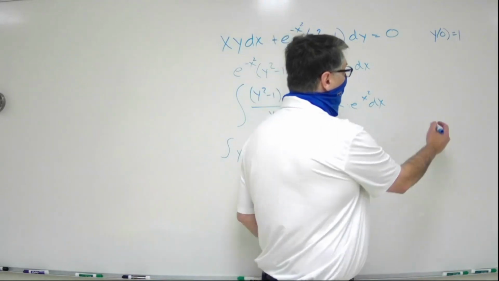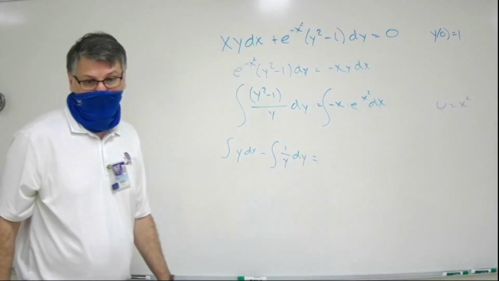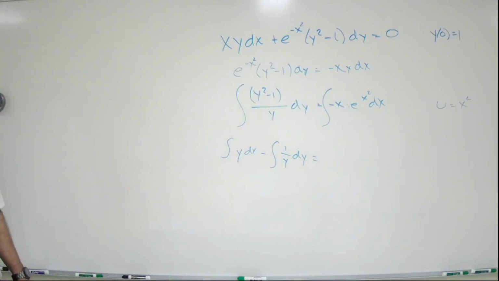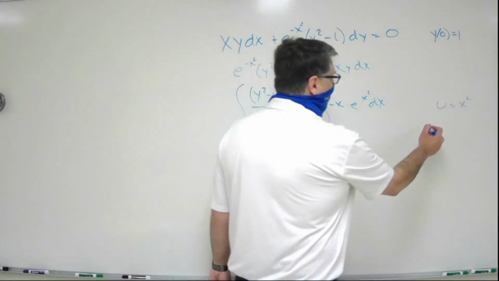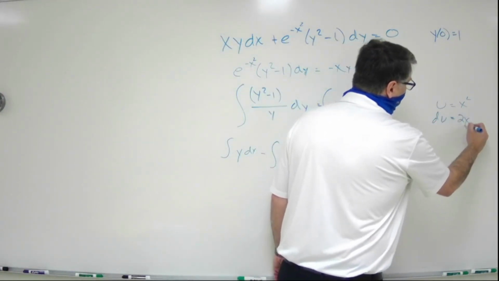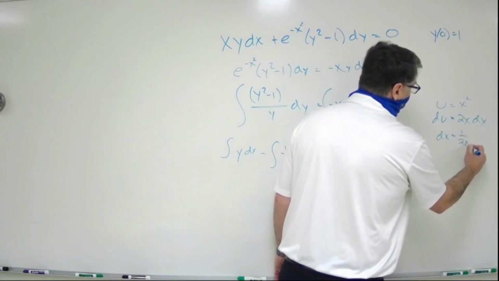Do a u. U equals x squared. So my du equals 2x dx, therefore my dx equals 1 over 2x du, right?